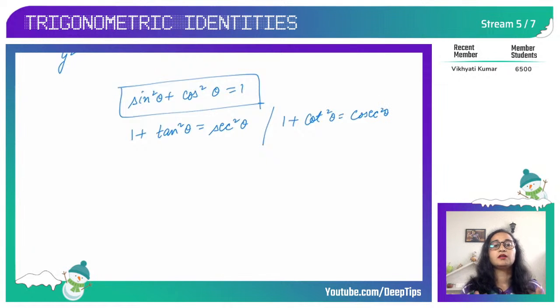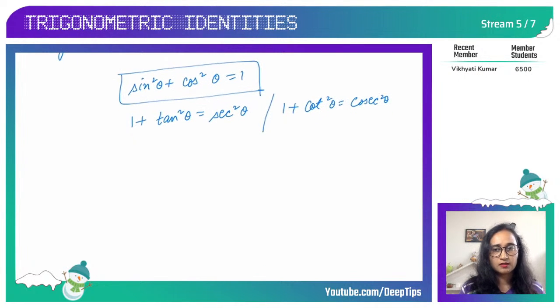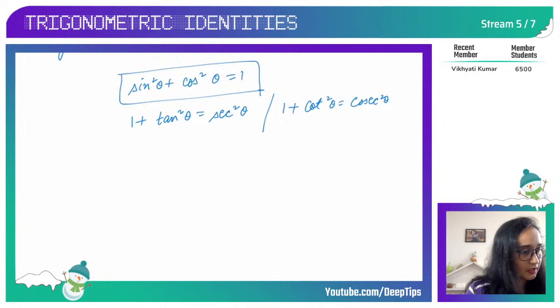So children, learn these identities, but very few know how they are derived and why they are like that. It's very simple and it is directly proved from Pythagoras theorem. So we can do it in a few minutes. Just look at the proof, you will understand it very well.